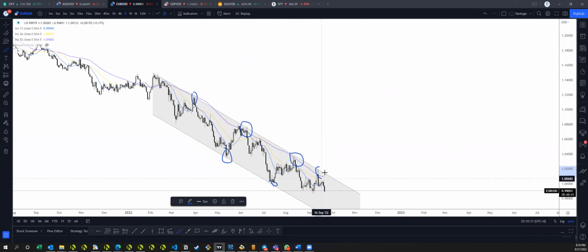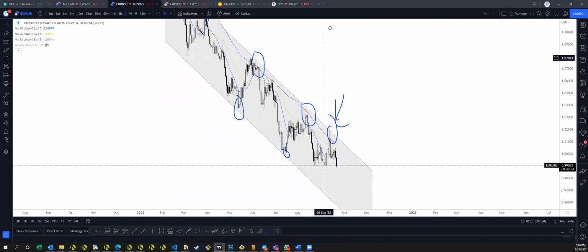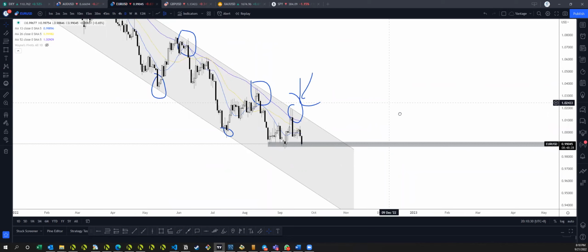And this last point here was tested based on the CPI data, right? So it would be highly unlikely that this would form a steady support.